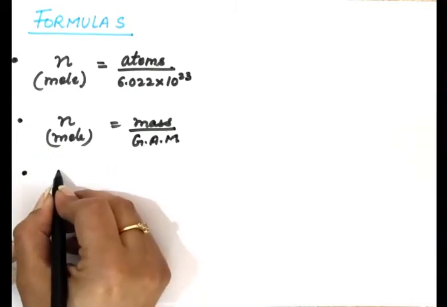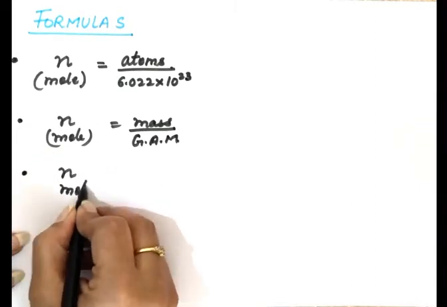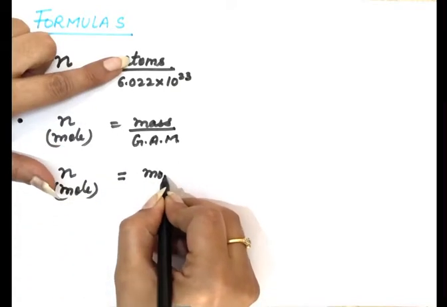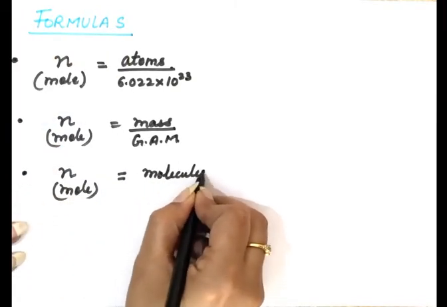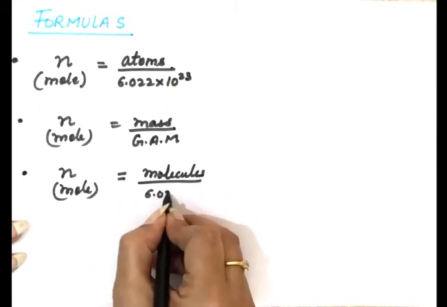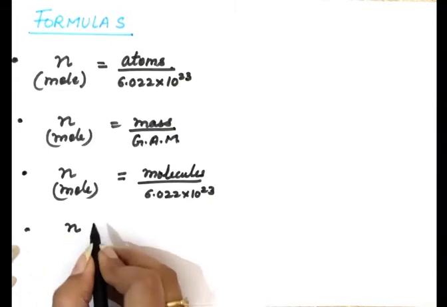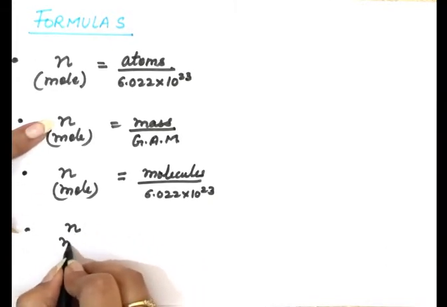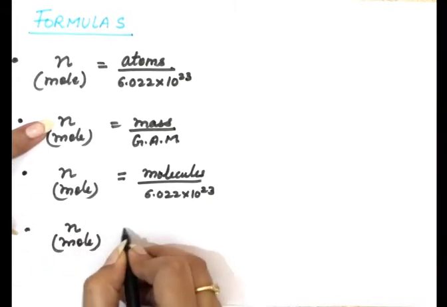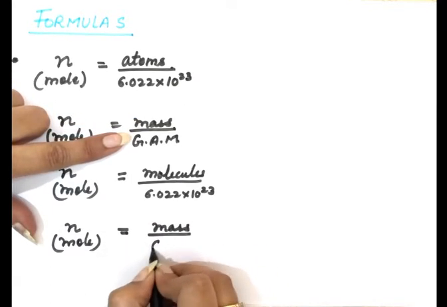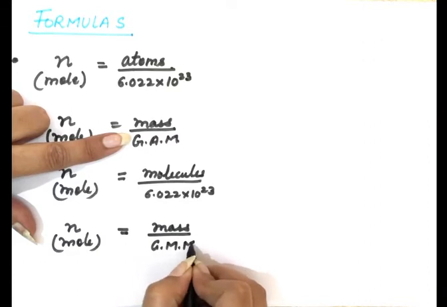Next, moles are also equal to, if you're talking about molecules, then in place of atoms we write molecules, divided by again 6.022 × 10^23. In this formula n is moles for the molecules. Now mass upon, since it is molecules, we divide by the gram molecular mass.